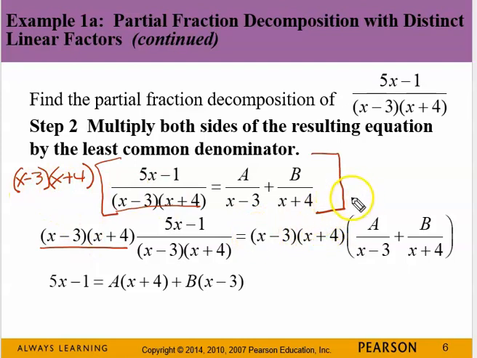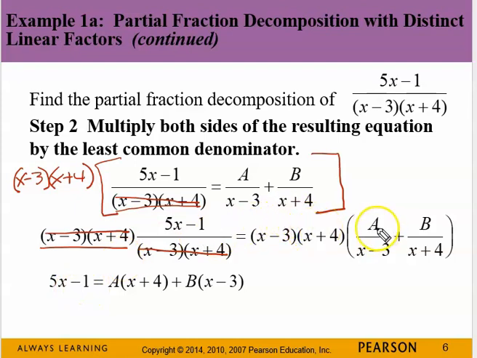So what happens now? Well, we do a little simple algebra. Now, since we're multiplying this term by this, and there's a common denominator, all of this just cancels out here, which is what's happening here. All of this just cancels out, and this side becomes 5x minus 1.